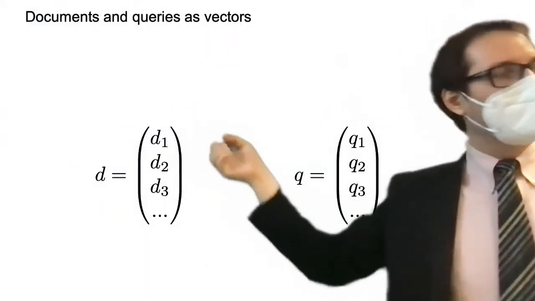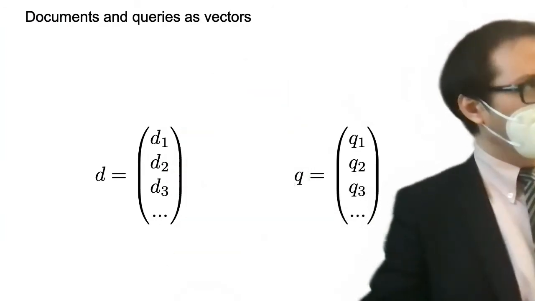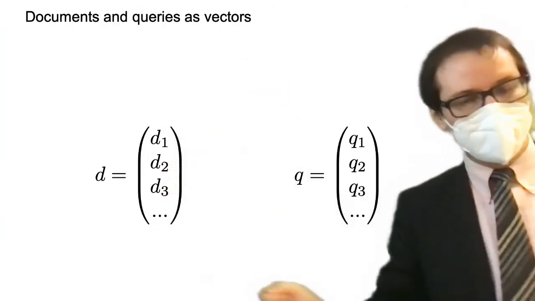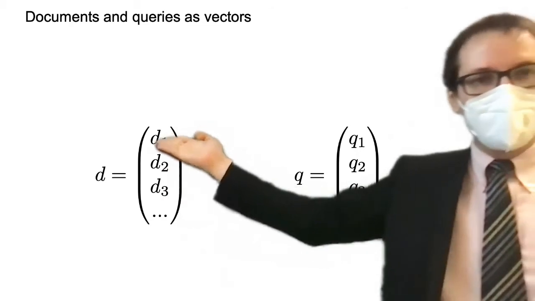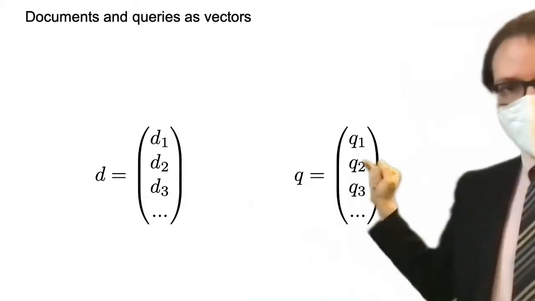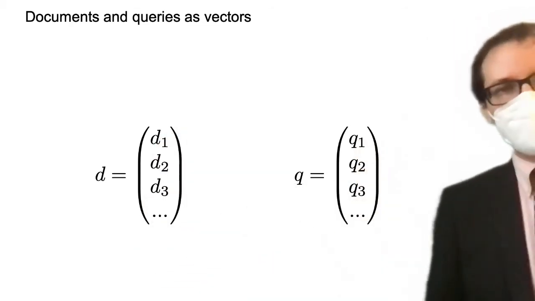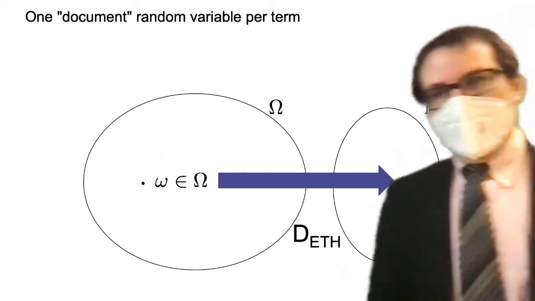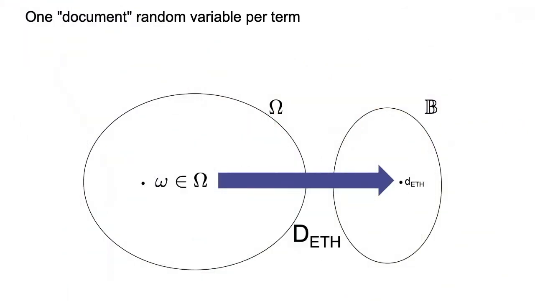So this assumes that there is a specific indexing of the terms, right? So we know exactly what term is in what position. And then we have Booleans in a document vector, and we have Booleans in a query vector. That means if we assume that model, that we can decompose the random variables, big D and big Q, into their coordinates.